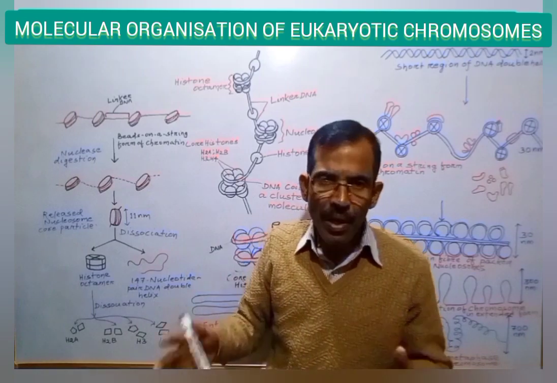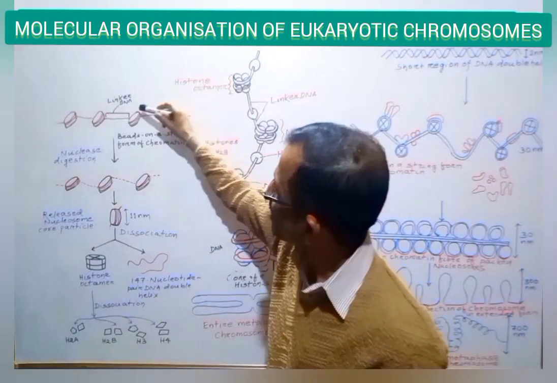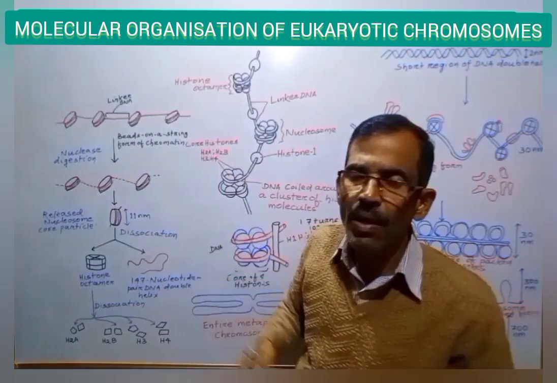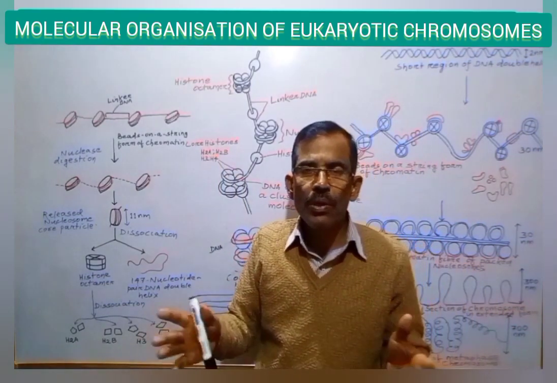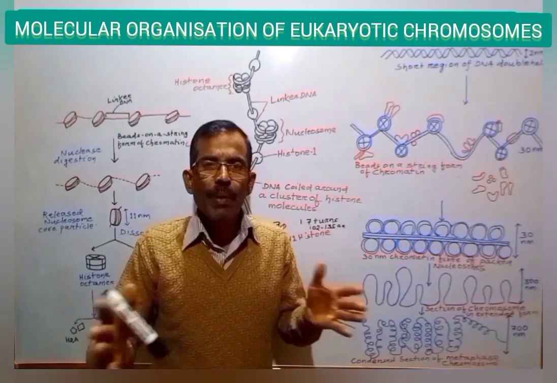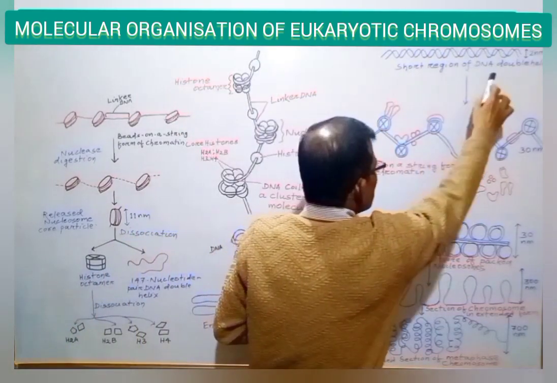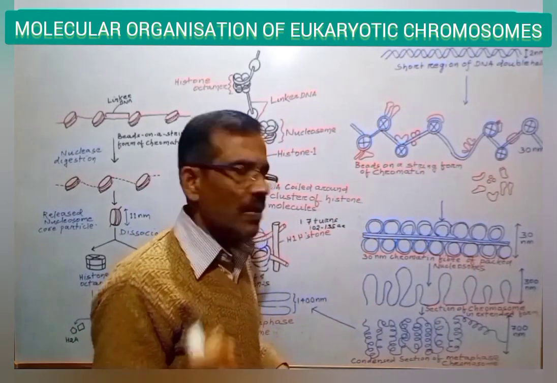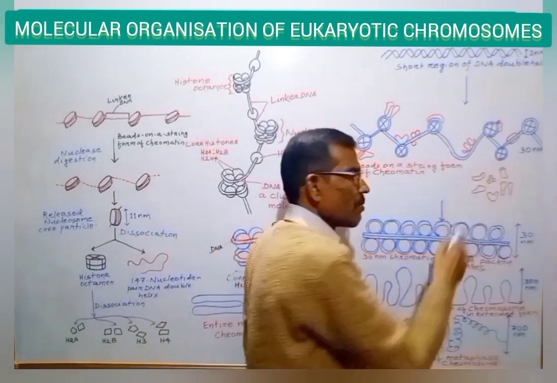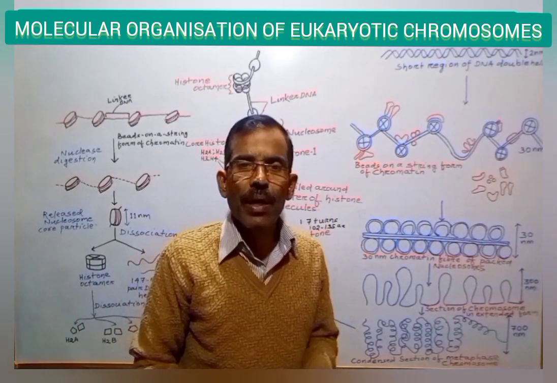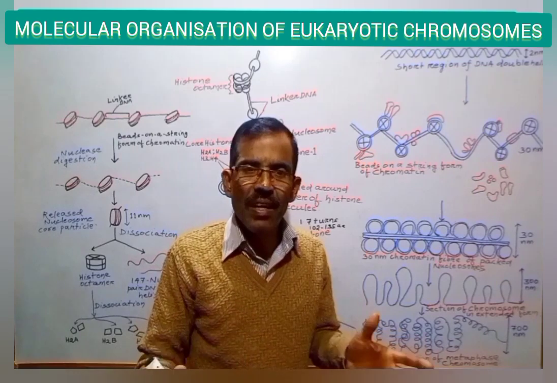So, on average, nucleosomes are repeated at an interval of 200 nucleotide pairs. By the formation of nucleosomes, a double-stranded DNA molecule is converted into a chromatin fiber which is about one third of its initial length.